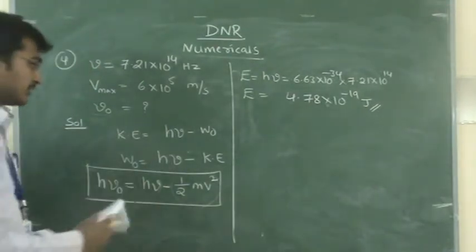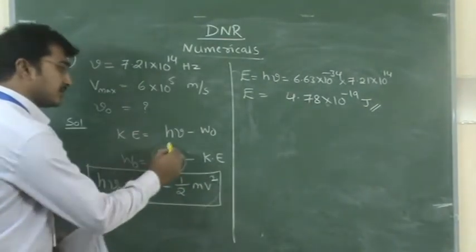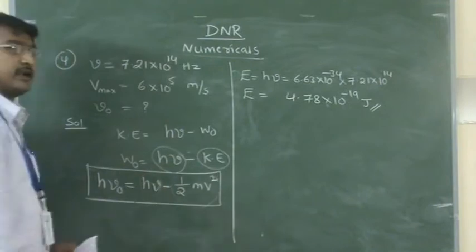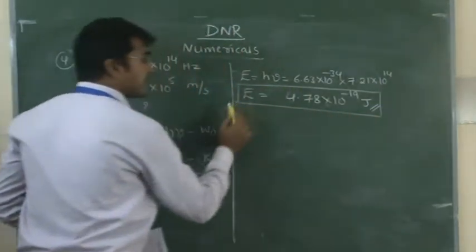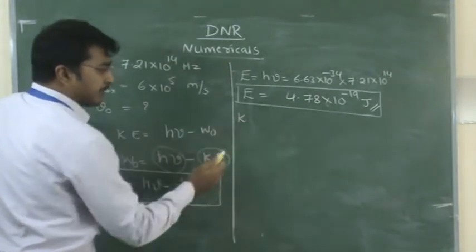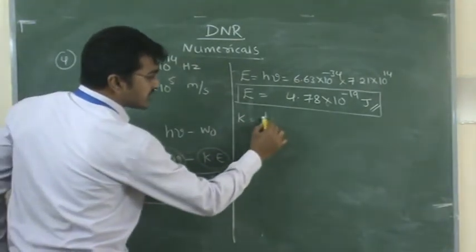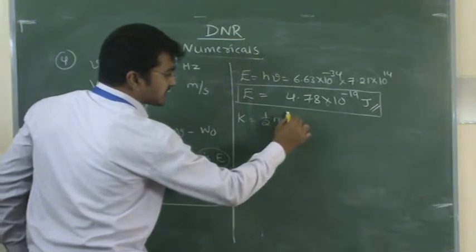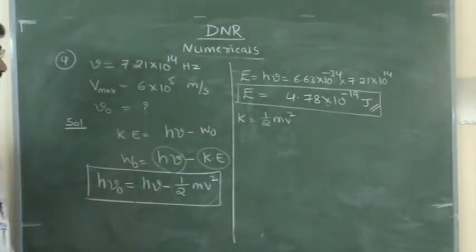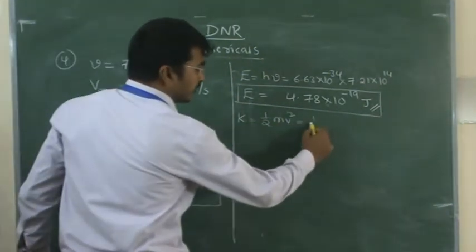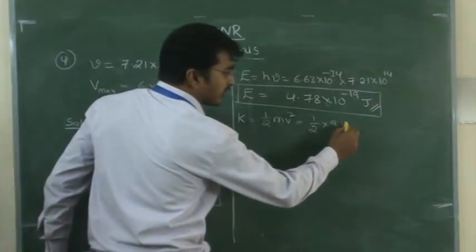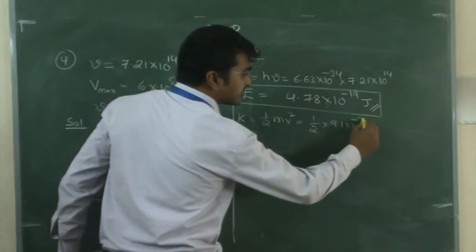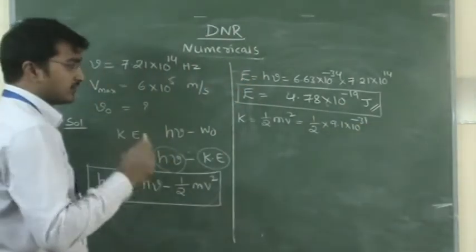Finding out total energy E and kinetic energy individually. So this is the first point. Next, kinetic energy, I am indicating with K. Kinetic energy equals half mv square. So 1 by 2 into, what is m? Mass of the electron, 9.1 into 10 to the power of minus 31 kg.